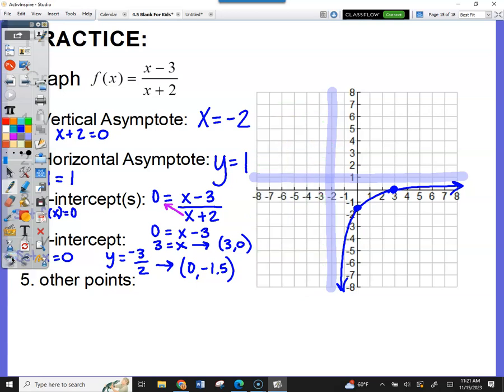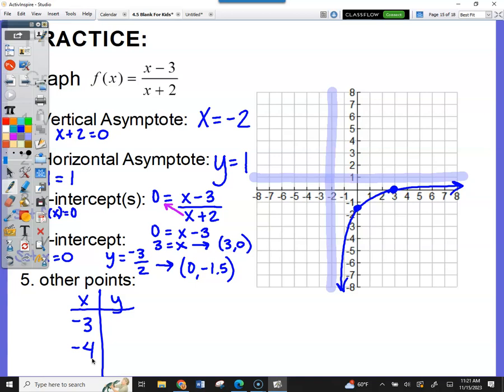So, other points. We are going to pick. You can plug both in if you wanted to. You could do -3 and -4. It's up to you. Or you could just do one of them just to see where it is and then draw your curve. So you plug it in.